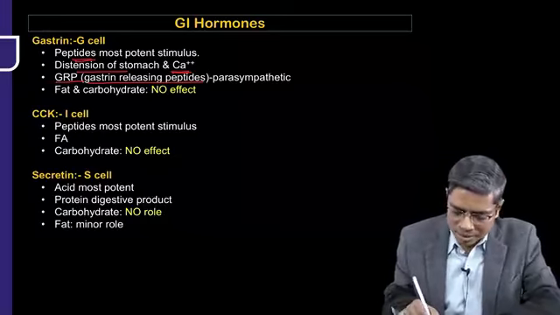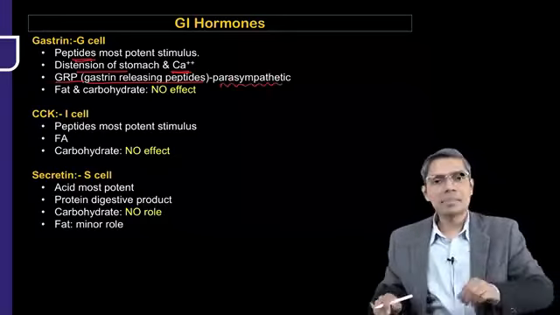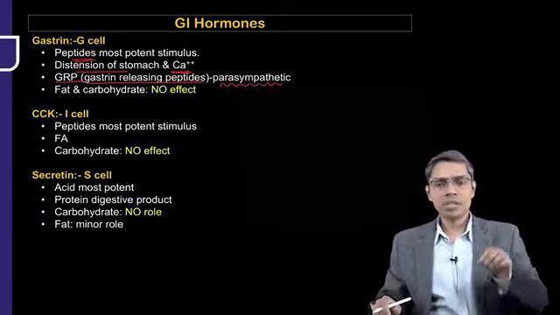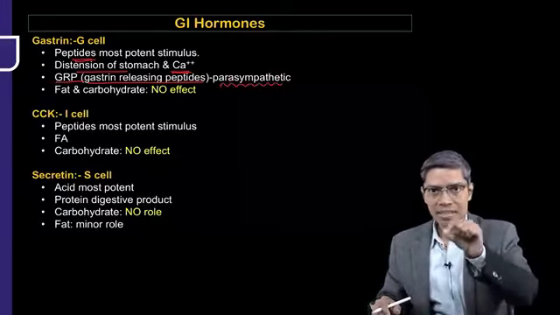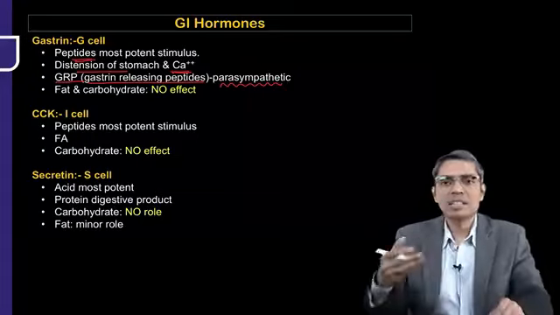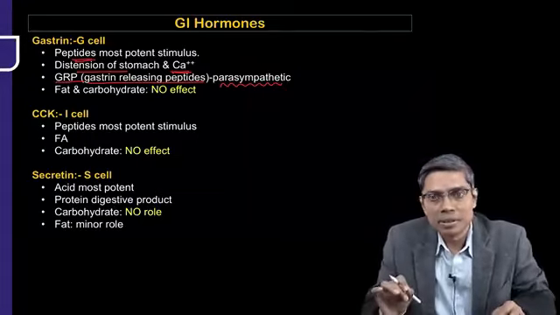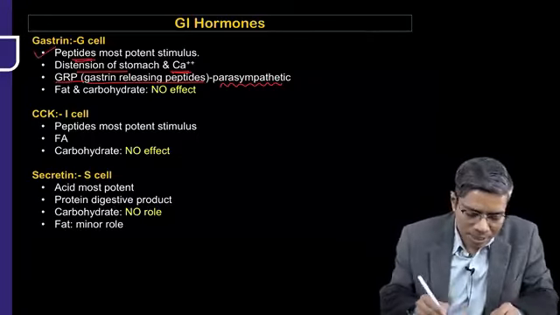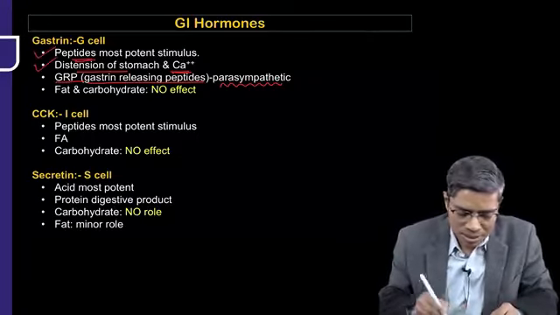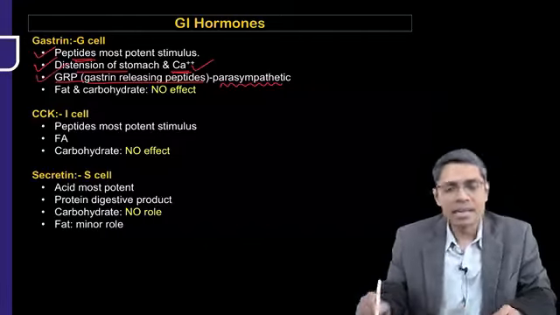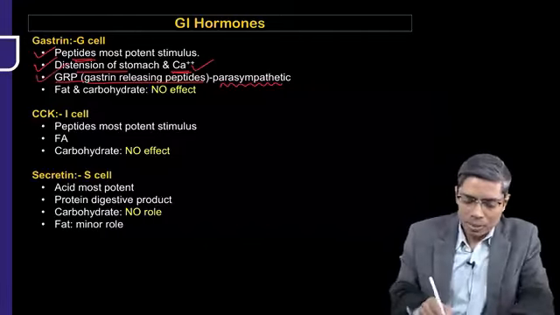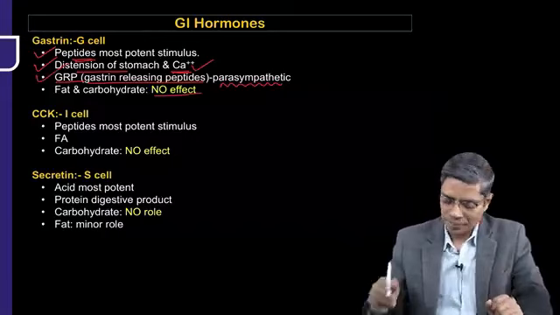Where is this gastrin releasing peptide coming from? The parasympathetic system, which stimulates the G cell, the gastrin producing cell. It releases a neurotransmitter which is not acetylcholine. It is GRP. So that's why we say that peptides are the most potent stimulus. Distension, calcium ion and GRP are also stimuli. Carbohydrate has no effect. Important.